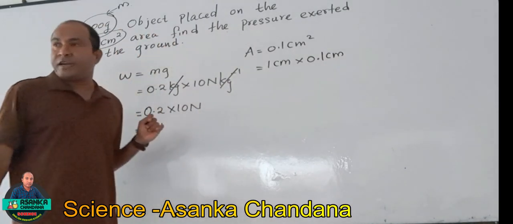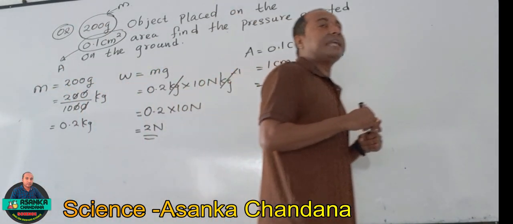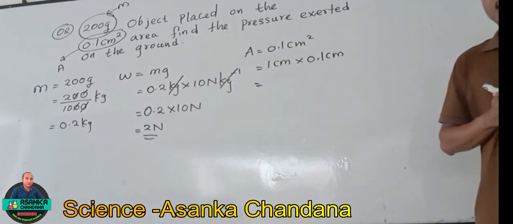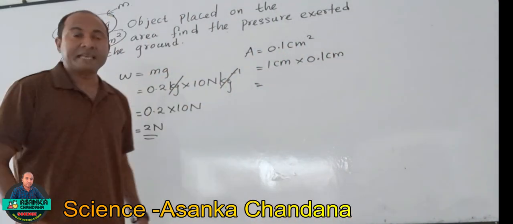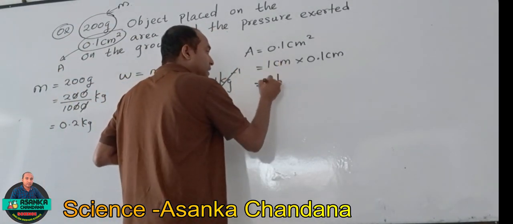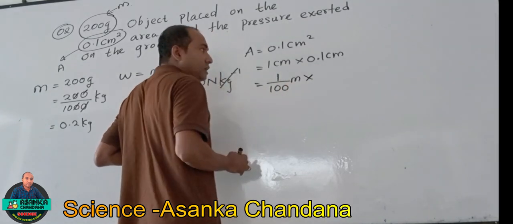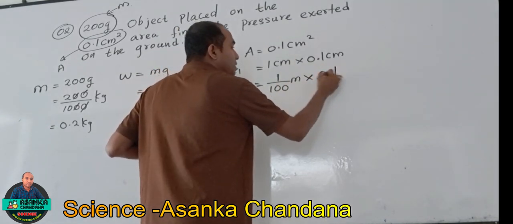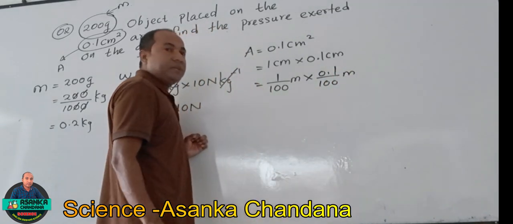Now tell me how to convert centimeter into meter. By dividing by 100. 1 centimeter is converted into meter by dividing by 100, and 0.1 is also converted into meter by dividing by 100.